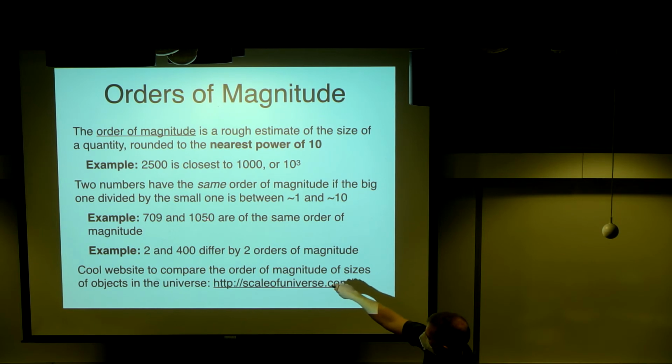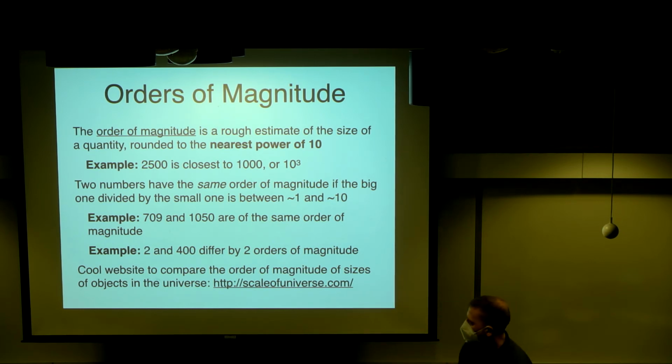Can someone just punch into the calculator 1,050 divided by 709 real quick and tell me the result? 1.48. Yeah, so 1 and then some change, right? So they're definitely the same order of magnitude, right? However, we have 402, if those are the numbers we're comparing, 400 divided by 2 is what? 200, which, those are 2 orders of magnitude different.